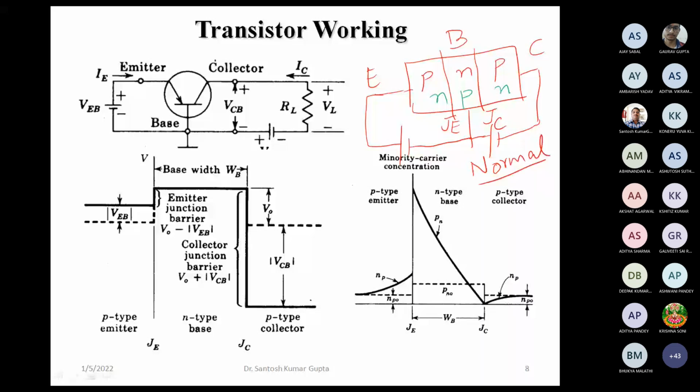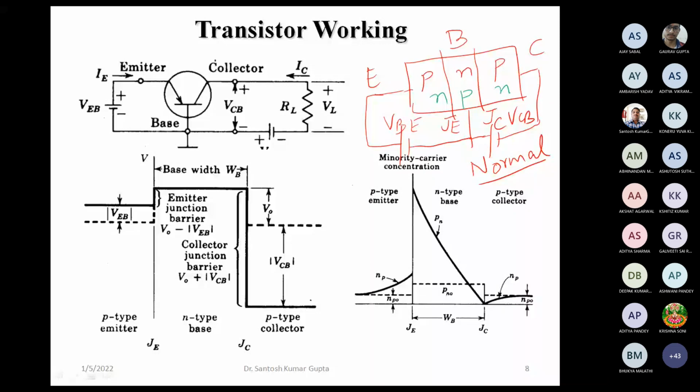Okay, so this is what we mean by normal operation here. So this potential which we apply across base emitter, sometimes this is called VBB or VEB, and this is called VCB.